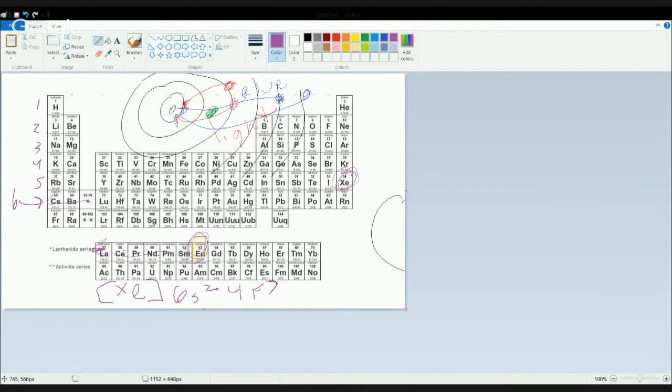Now the question asks how many electrons in its highest energy level. The highest energy level for europium is energy level 6, row 6, and he happens to have 2 electrons in his energy level. So the answer to this question is 2, because he has 2 in his 6th energy level. There you go.